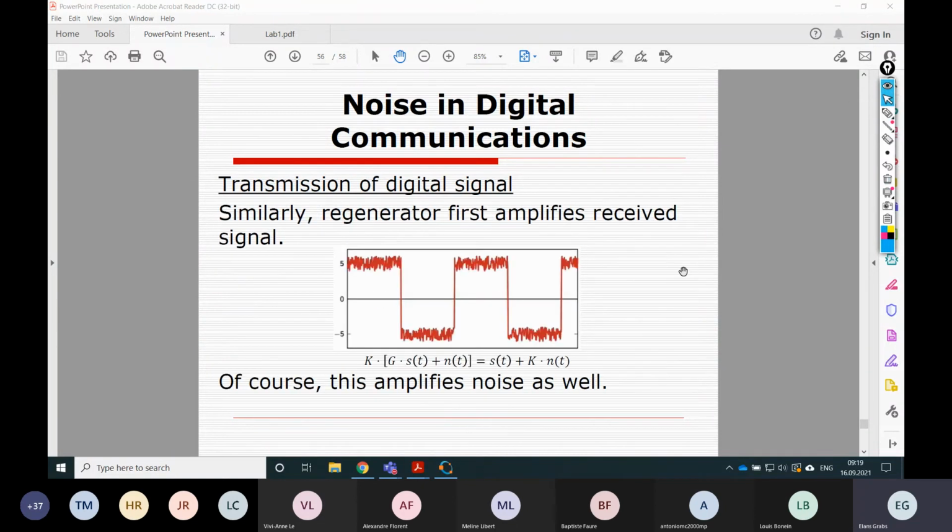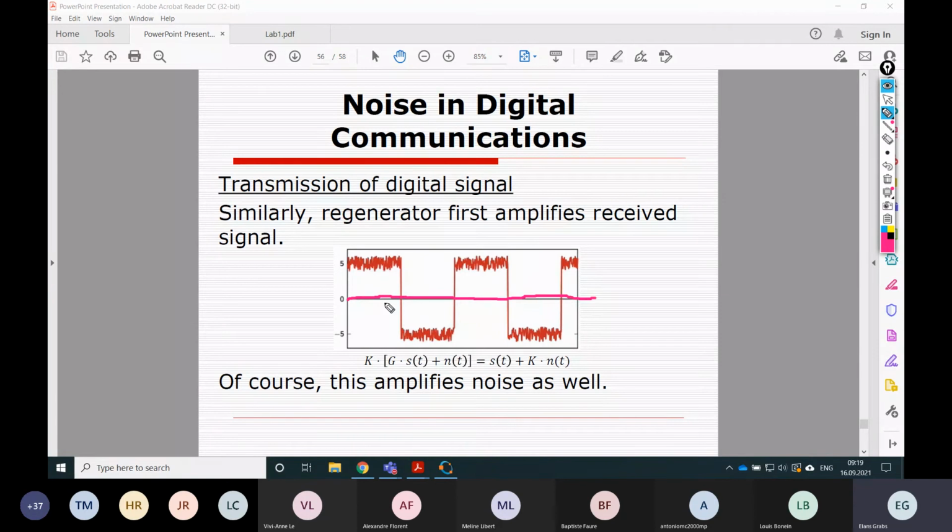And the regenerator amplifies this signal. We can see that the noise was amplified as well, just as usual. But what happens then is we make a decision which of these symbols are ones and which are zeros. This decision is made in a very simple way. We basically have a threshold, which in our case is 0.